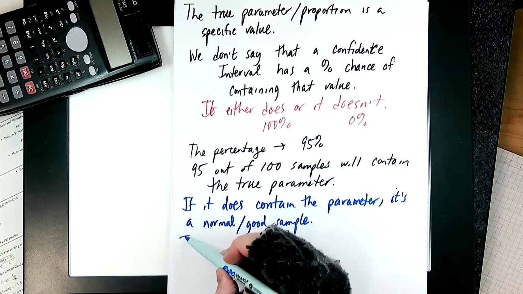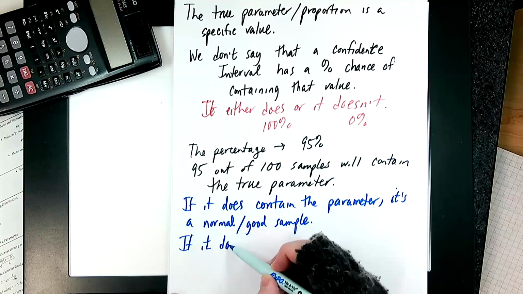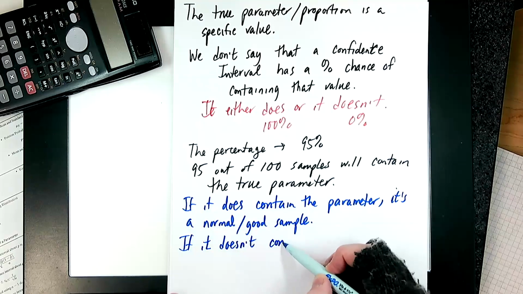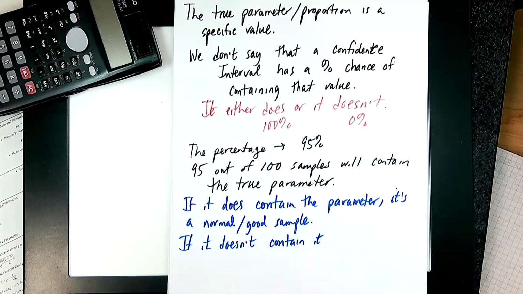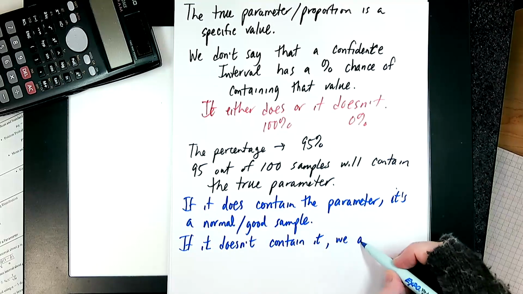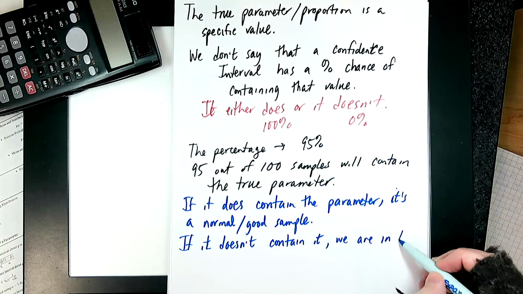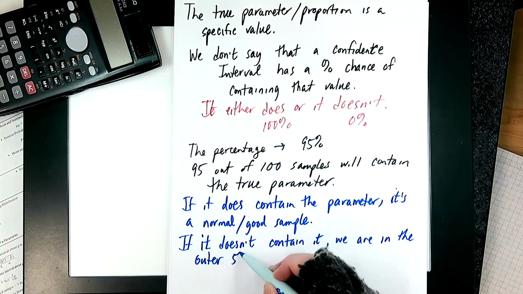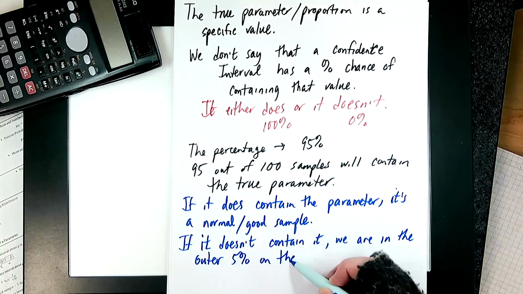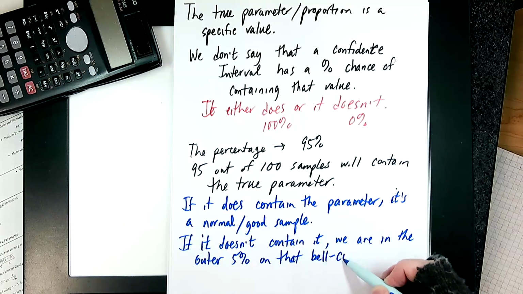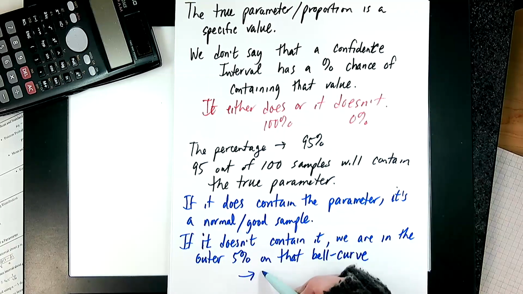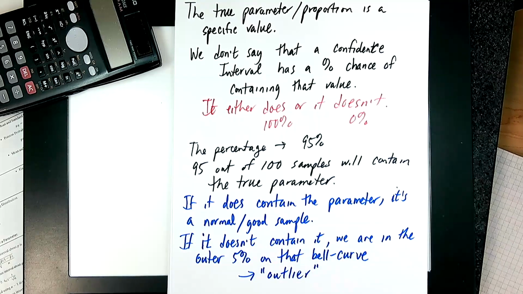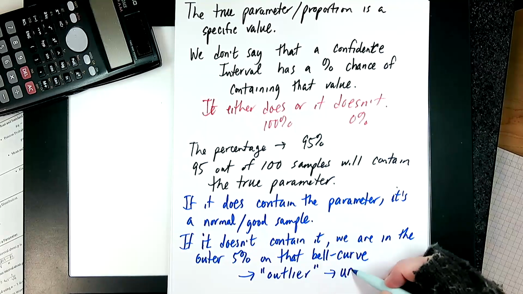If it doesn't contain it, we are in the outer 5% on that bell curve. And that is outlier territory. And we say this is unusual.